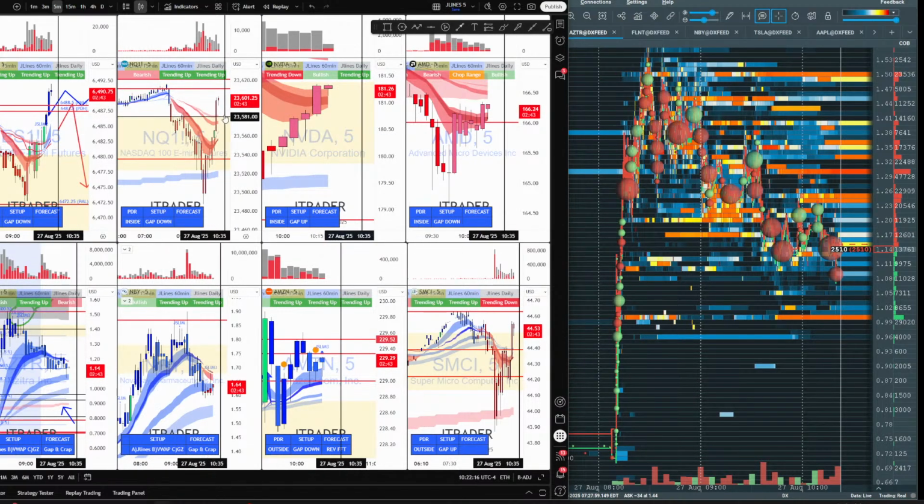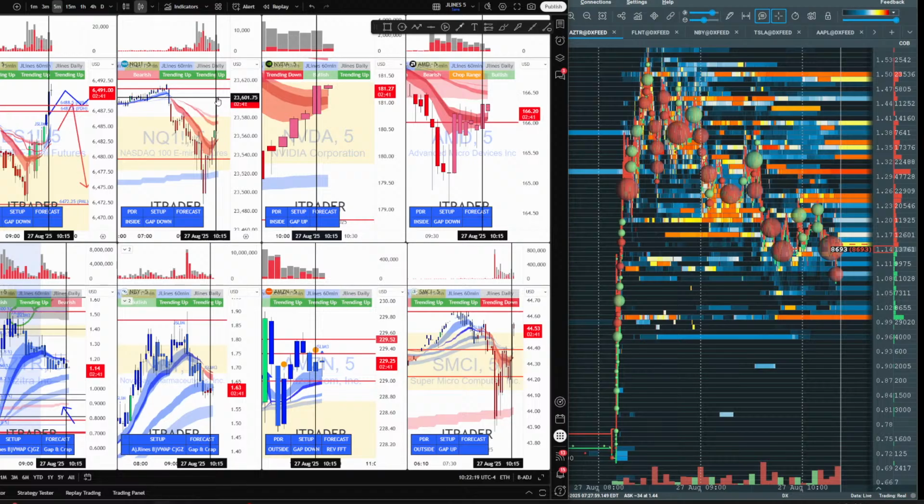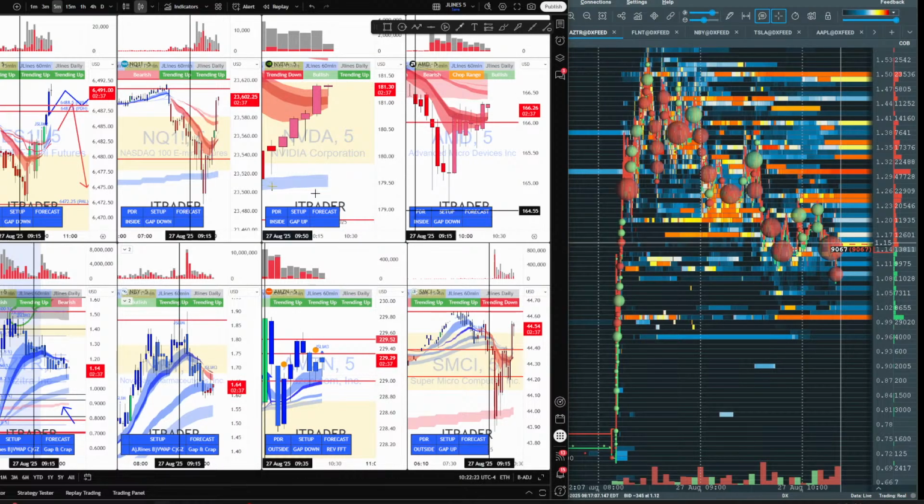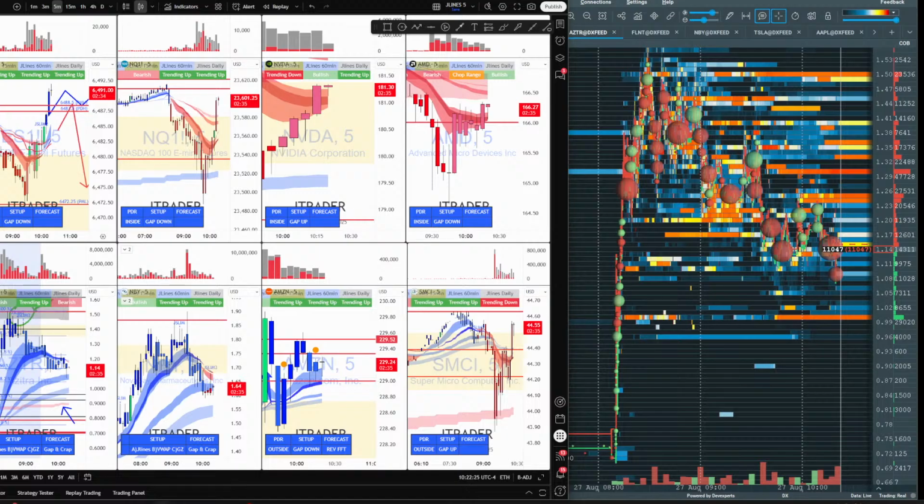So yes, breakout. Let's see if NQ will also give us a breakout. In that case, we'll start to long all our large caps when we have a VWAP bounce or JLines strategy.